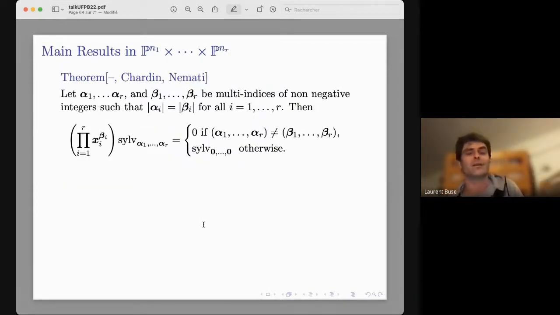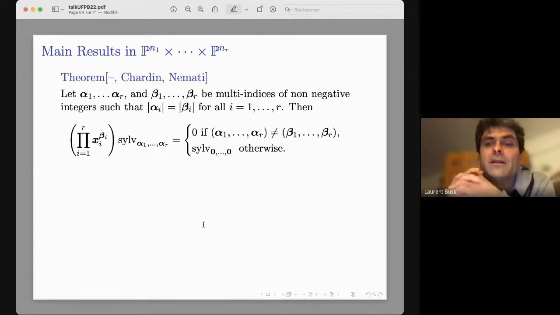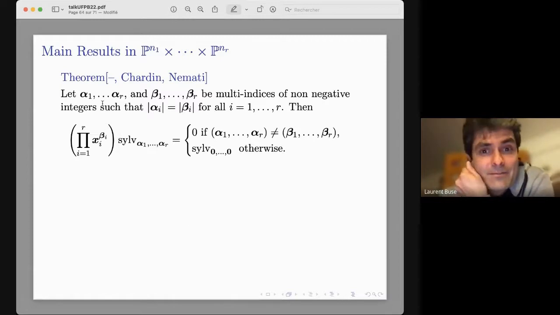We proved that we have this sort of pairing that is very similar to what we have over Pn. So if we take a list alpha 1 to alpha r of multi-indices and a list beta 1 to beta r of multi-indices, you assume that the modulo of alpha i is the modulo of beta i.